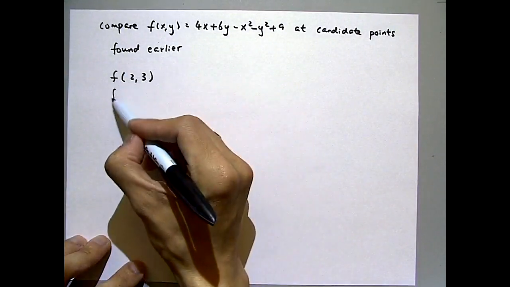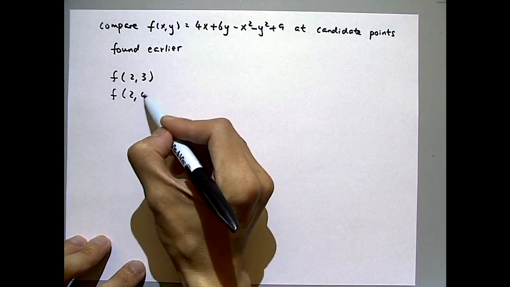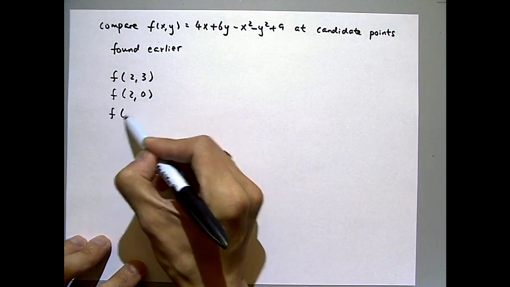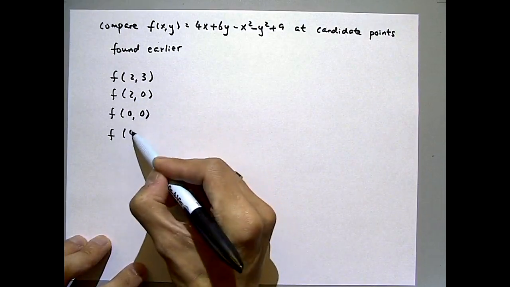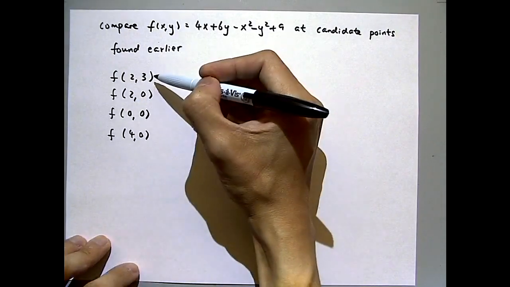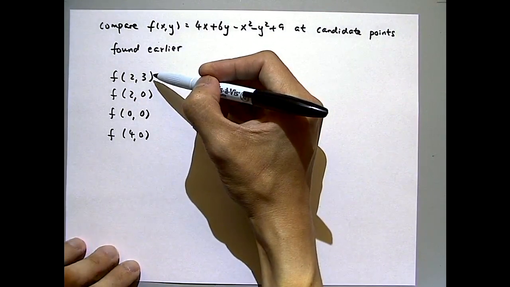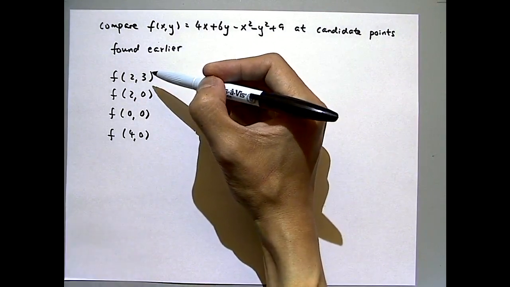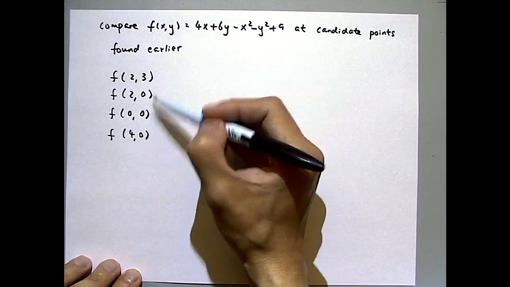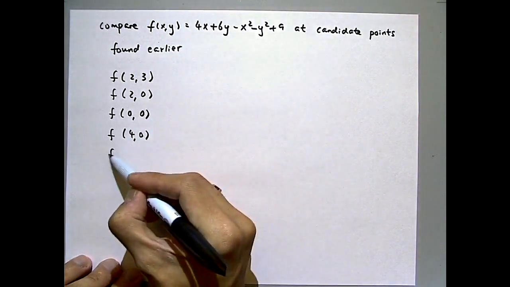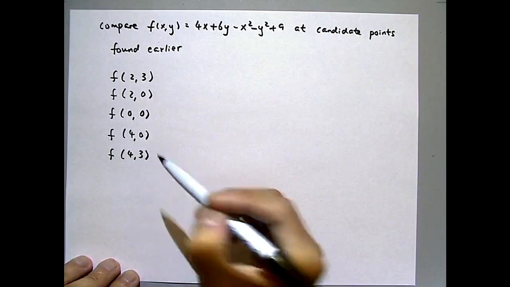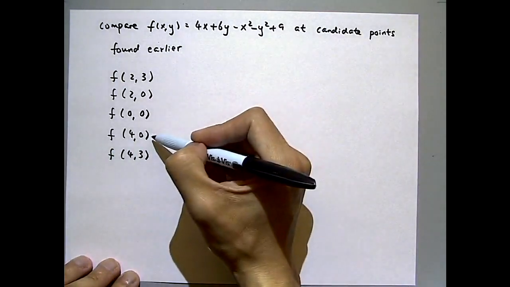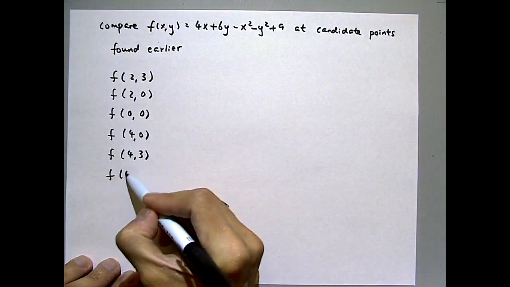Okay, let me make a list of just the unique ones. We're not going to duplicate them. 2, 3, that was our interior critical point. And then L1, we got these 3 points. And then L2, we had 4, 3. 4, 0, we already have. So we're going to go directly to 4, 5.